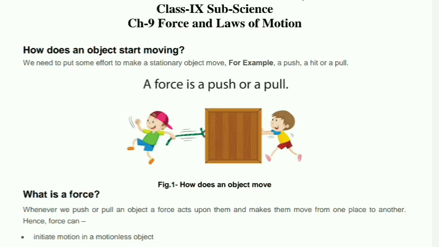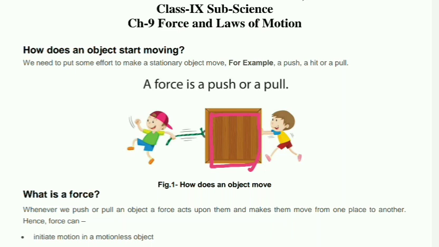Almost whenever we are doing some work and shifting things from one place to another, in all the cases we are applying some force. Here you can have a look: this wooden box is being moved by two kids.